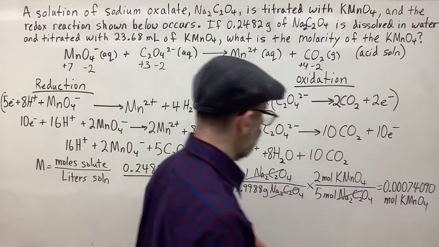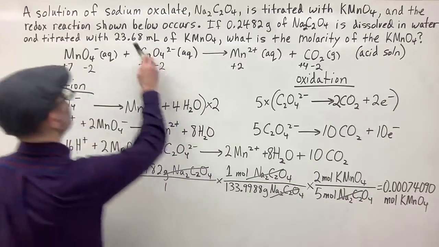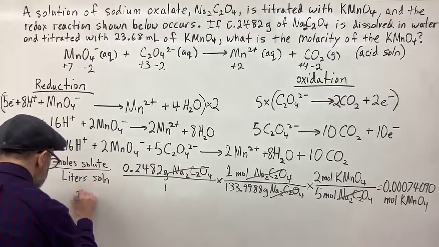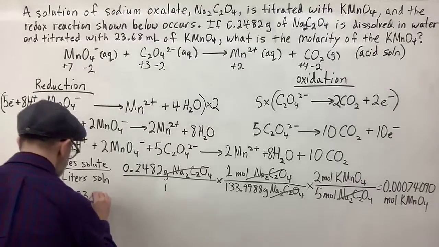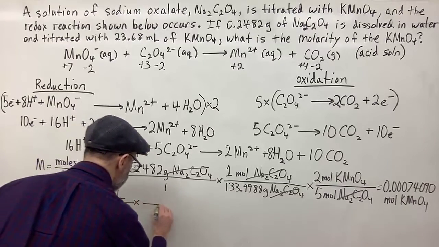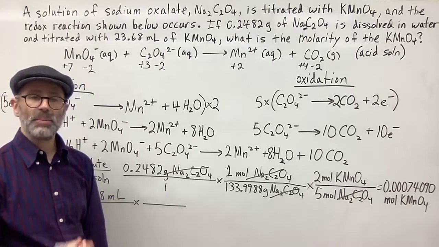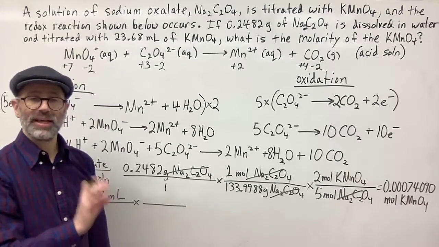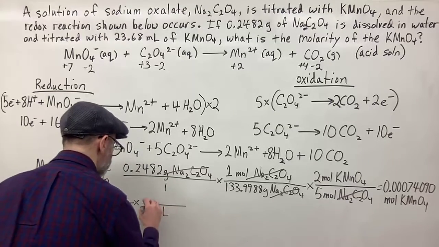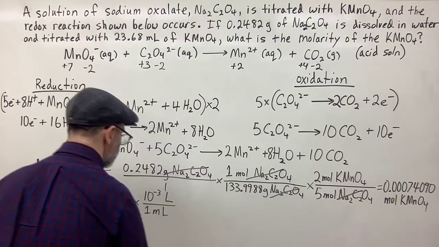And this is going to be moles of the KMnO4. Okay, so now to get the molarity, all I do is I take the milliliters, right? Convert that to liters. So 23.68 milliliters over 1. I know that 1 milliliter is equal to 1/1000th of a liter, because milli is 1/1000th. That's what milli means. So I'm going to put 1 milliliter on the bottom, 10 to the negative 3, or 1/1000th liters on top.